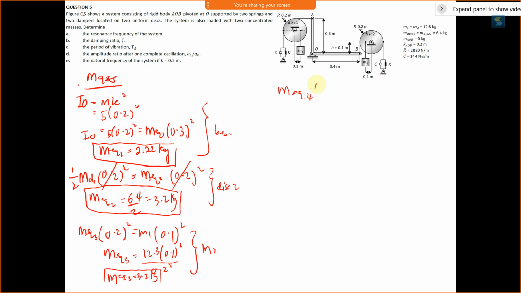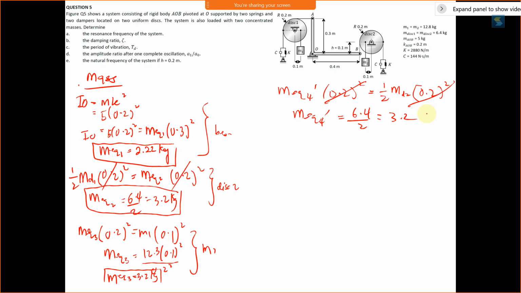For M prime times 0.2 square equals 1 over 2 M, this 2 times 0.2 square. So cancel out. Then we will get M equivalent 4 prime equals 6.4 divided by 2, which is 3.2.